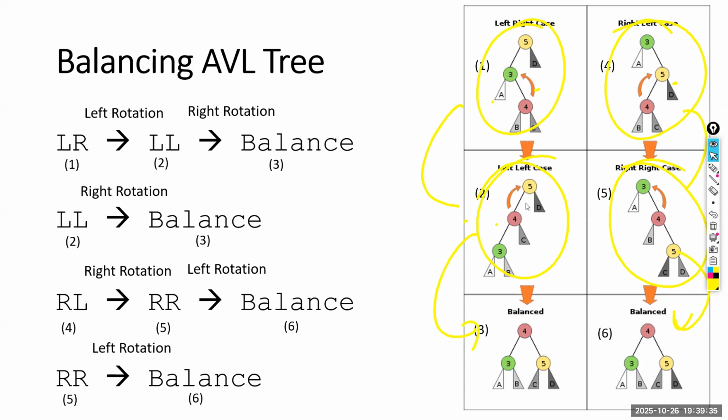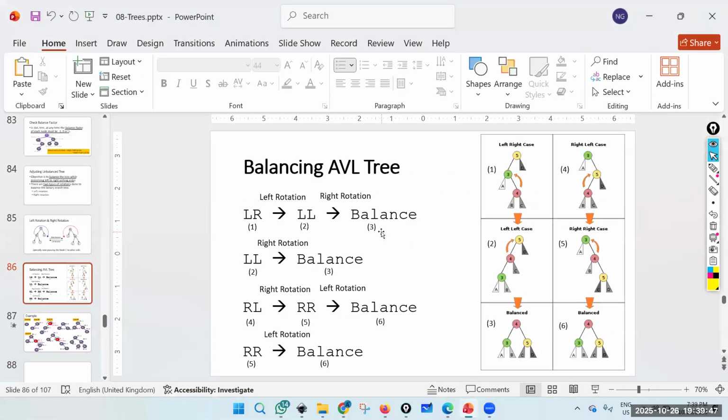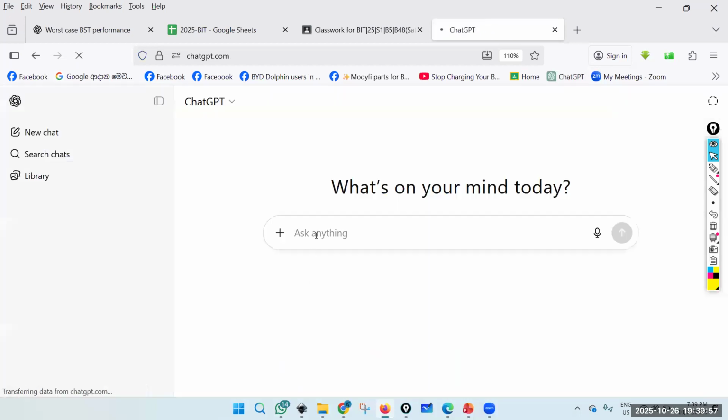So what is the extension of AVL? I'm not very sure. Maybe it's the people who came up with this idea. I think because with red-black, of course, we mark them as red nodes and black nodes. Maybe it is the people's first names. Okay, let me double check with ChatGPT.